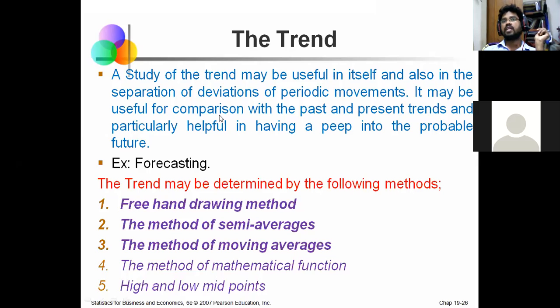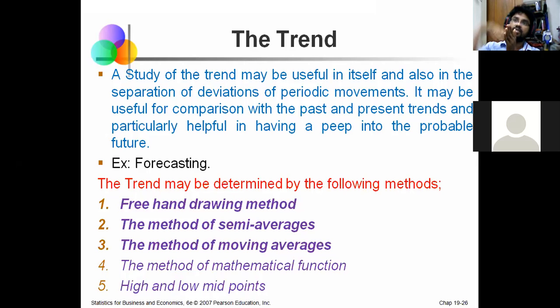Then it may be useful for comparison of past and present. When you put some graph or find out some trend, you will easily observe what the trend was before and what it is now, that is, the past trend and the present trend. For example, if you are running a business and want to know the sales of your company, if you collect information about your sales, you will come to know what the sales were in the past and what the present sales are.